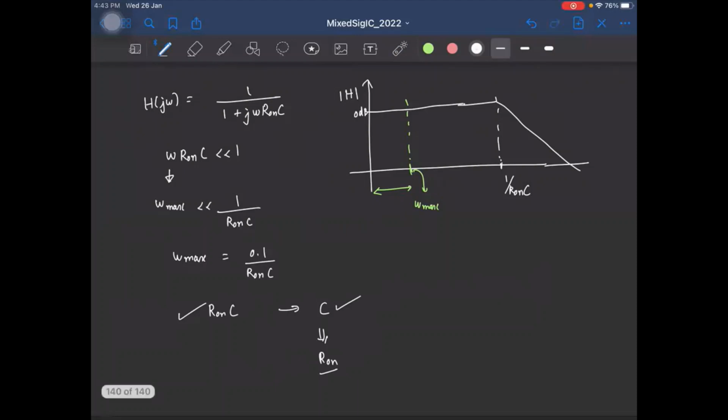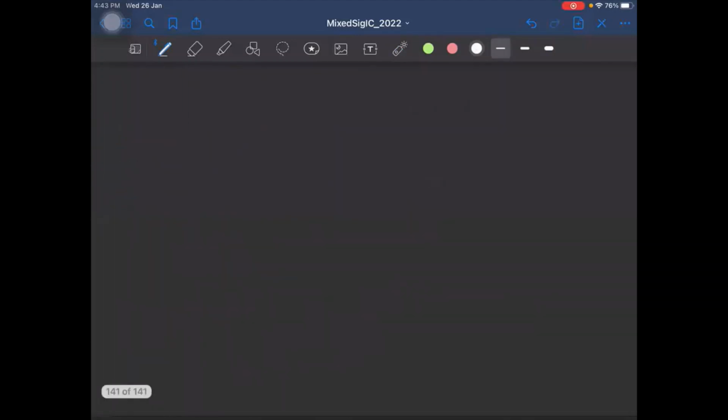And for that, first, let's try to find out the on resistance of the MOSFET. This was the MOSFET we considered. When the MOSFET is on, the gate is connected to VDD. This is V in, and this is V out, and we know V out is roughly equal to V in, and the MOSFET is on.